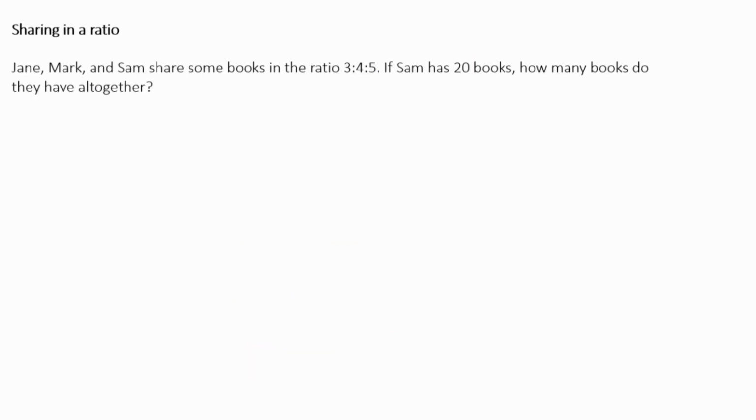This question says, Jane, Mark, and Sam share some books in the ratio 3:4:5. If Sam has 20 books, how many books do they have altogether?